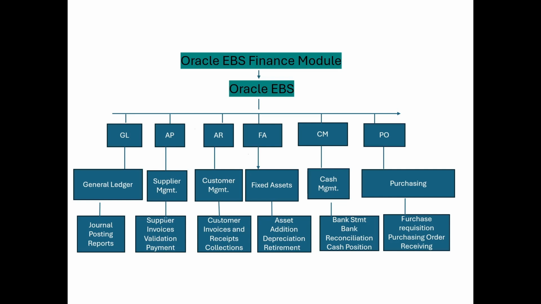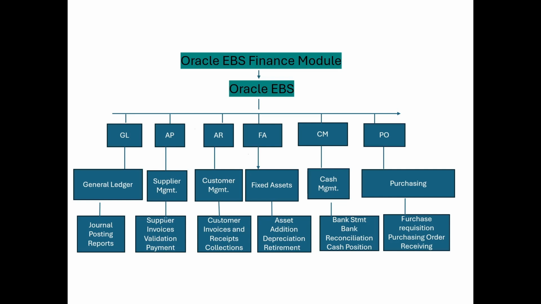For asset addition and depreciation, asset transfers, and retirement. I will give you a real-time example. When a company buys a new server, it is added as a fixed asset, and depreciation is calculated every month. So this is one example.